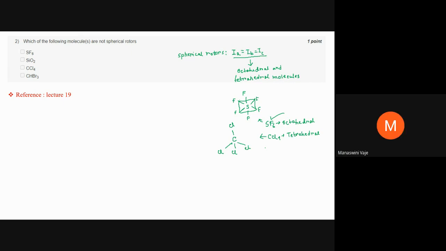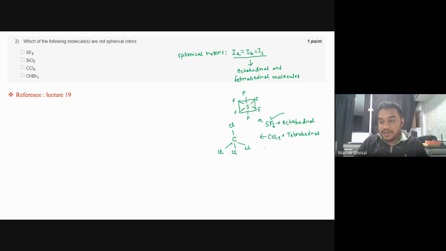Yes, sir. So it is a perfect tetrahedral, and SF6 is a perfect octahedral. For this kind of molecule, your IA, IB, IC will be equal, because on all sides you can see only F, or only Cl, so the mass will be equal in all directions. So these two molecules will be spherical rotors.